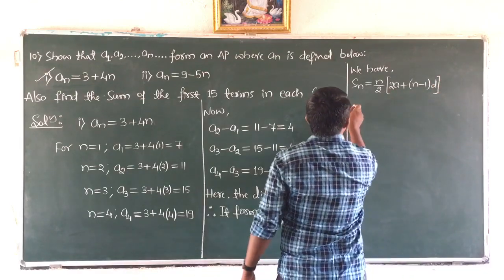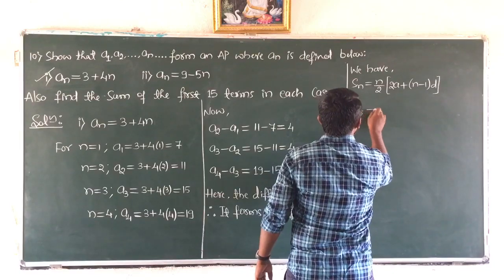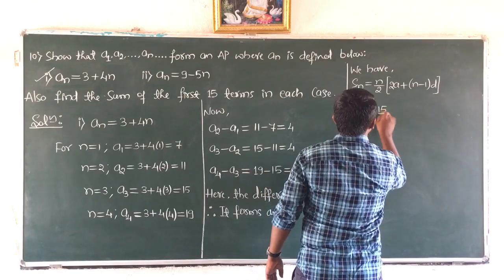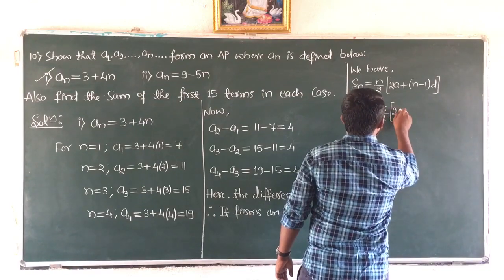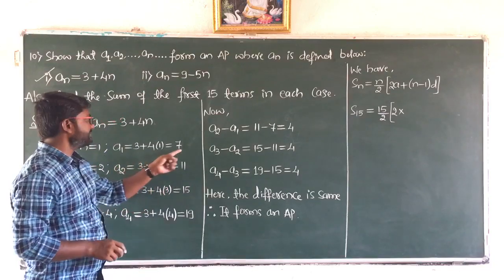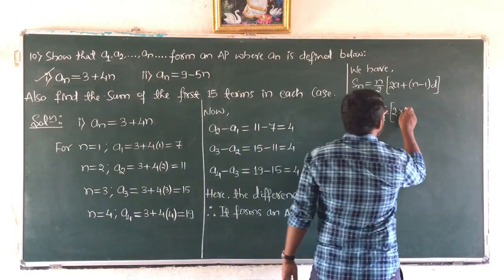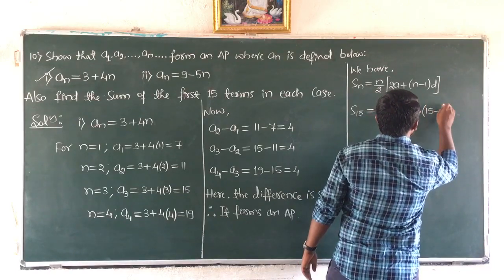So now S_15, n value is 15 now. S_15 is equal to 15 divided by 2 into 2a. Here a is a1. What is a1? It is 7. So 2 into 7 plus 15 minus 1 into d.